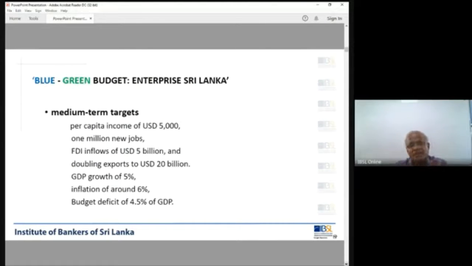Now, in this blue-green budget, targets. Every budget speech has a target, medium term, usually within 3 years or 5 years, and long term, more than 5 years. Every budget has the target. This is 2018, and now it is 2020, 2 years on, so the medium term is 3 years, right?